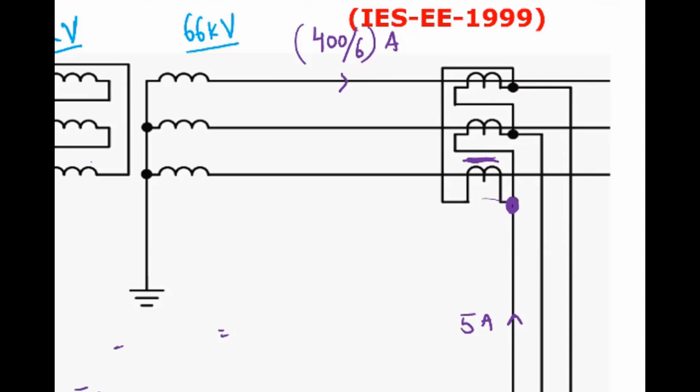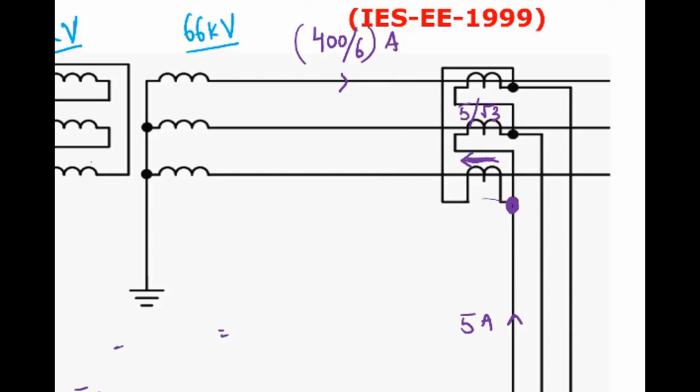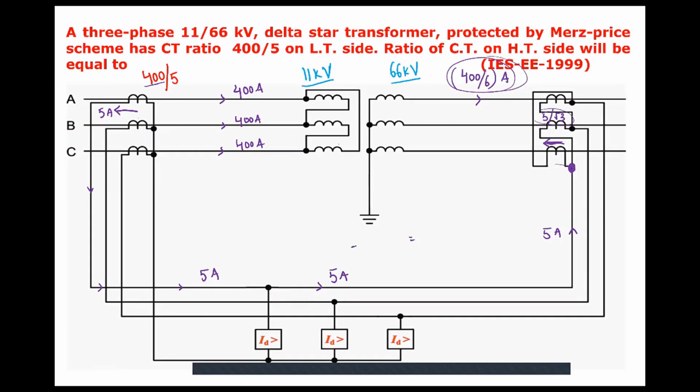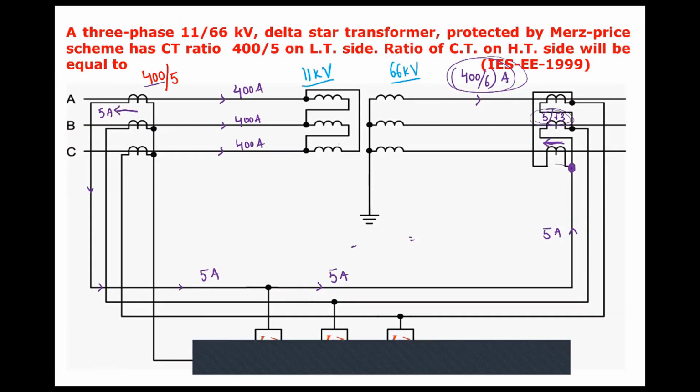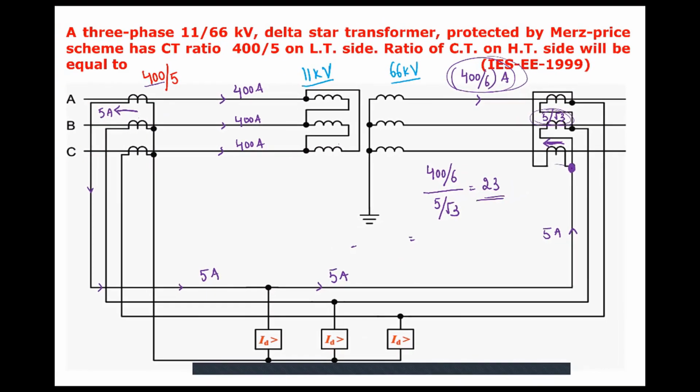So the current that flows here will be 5 by root 3. My primary phase current is 400 by 6, my secondary phase current is 5 by root 3. So my CT ratio will become 400 divided by 6 to 5 divided by root 3. Understand?